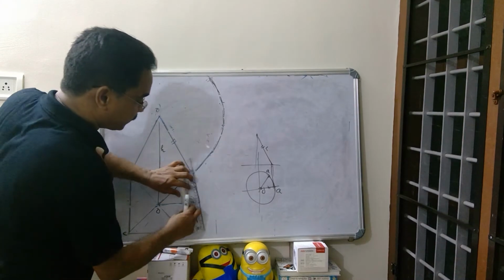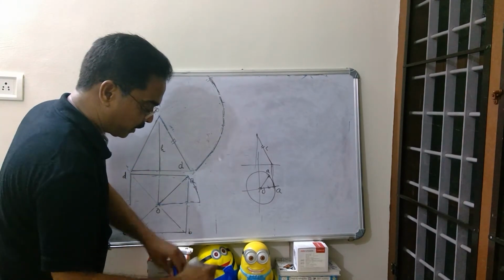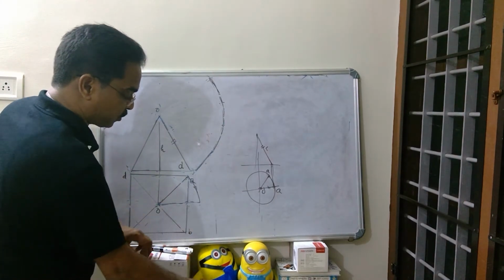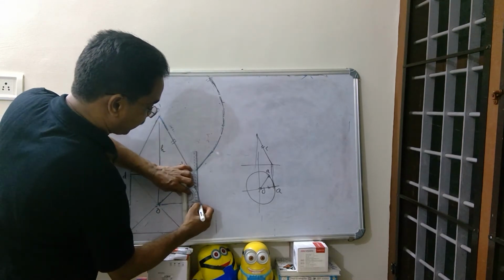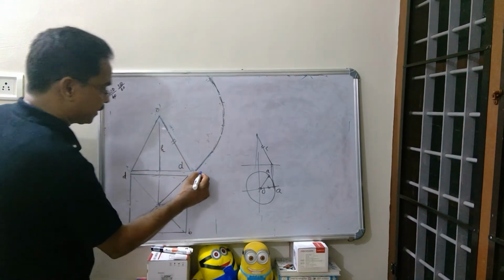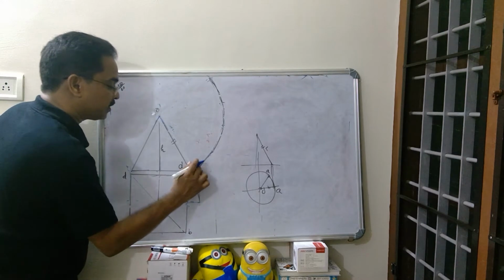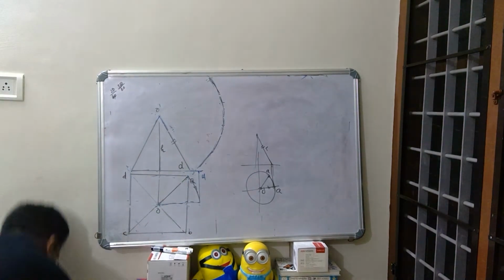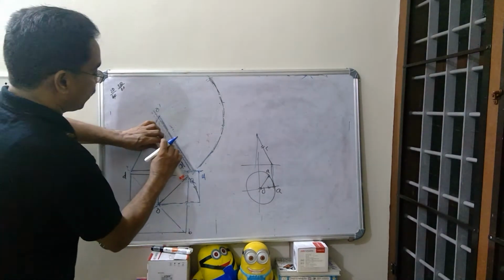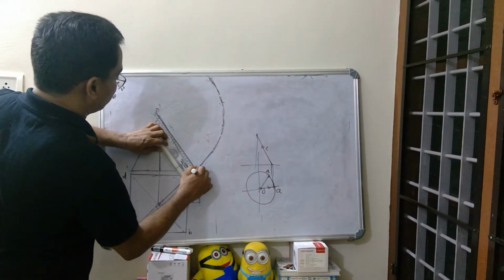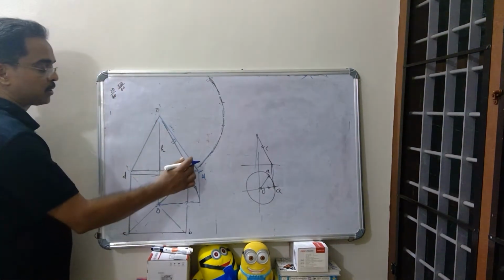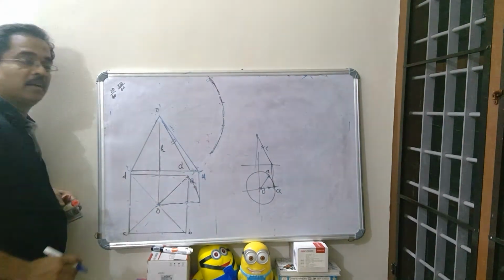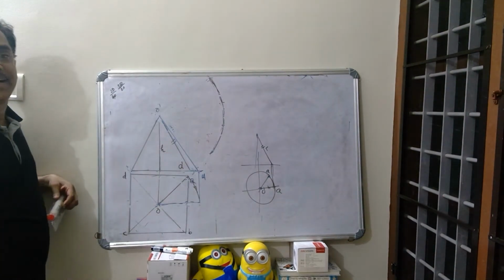Project this point up to the XY line. Now you can see that this point will be capital A, and if you join OA, this is the true length of the slant edge O dash A dash.